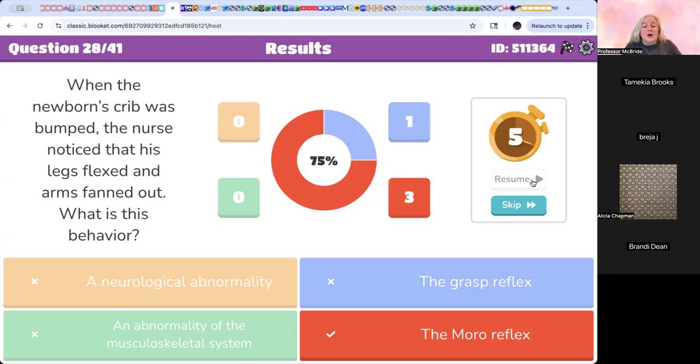Okay. Also, we can use them like the Moro reflex to assess symmetry or if we have an injury. We can also use the rooting reflex. Do you remember rooting? Like if you stroke their cheek and they turn, which can kind of help with breastfeeding. So there's a lot of different reasons that we use it, but the main one is to assess for neurologic problems.